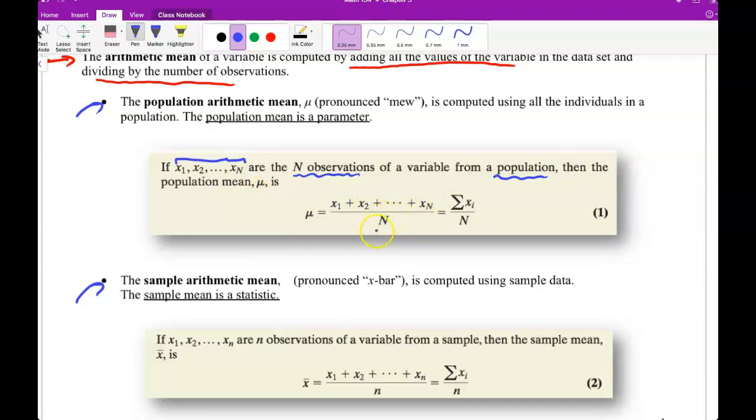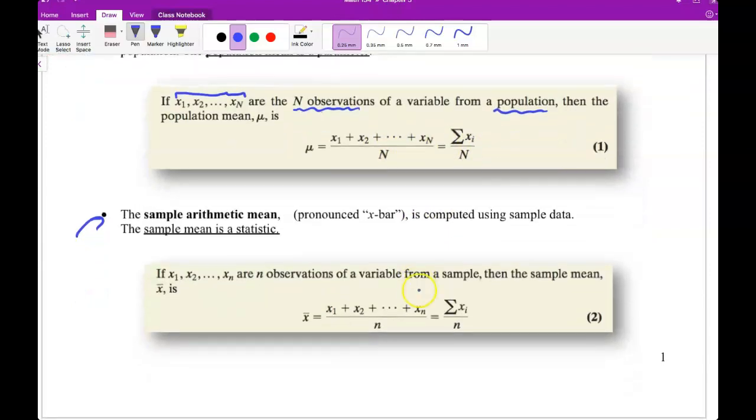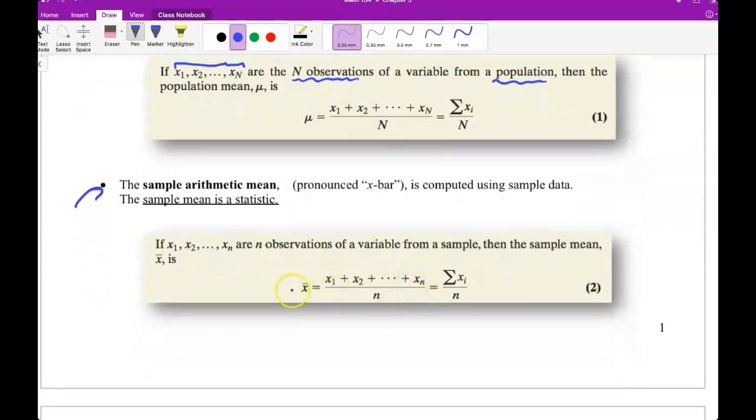In total we have n observations, that is in the denominator. Exactly the same thing for the sample mean. This is the sample mean, and that one is the population mean.